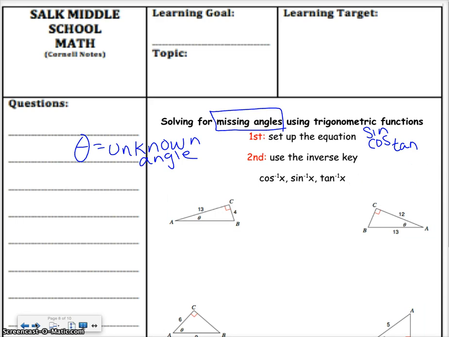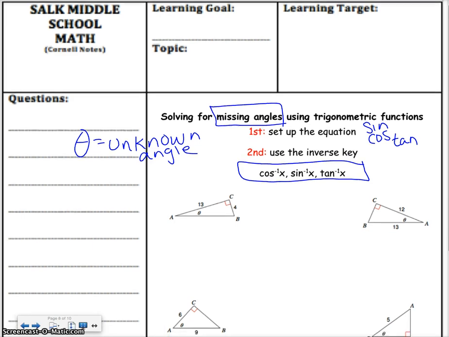When I had 1 over x equals 13, the inverse of dividing by x, multiplying by x. Inverse is raised to the -1 power. It's just showing a sign of doing the opposite. At this time, I want to make sure you know where your inverse trig function keys are in your calculator. So take a minute and find them in your calculator.